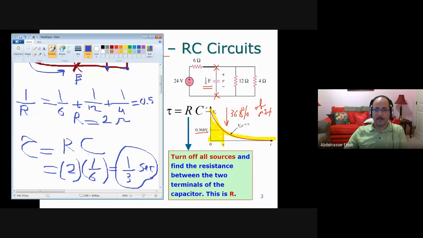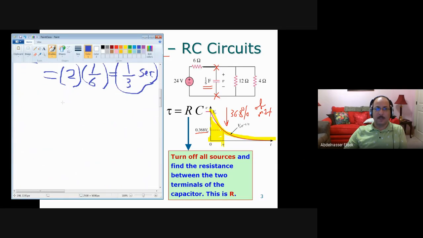So here you are discharging, for example. But if you charge, how does it look? It looks like this.